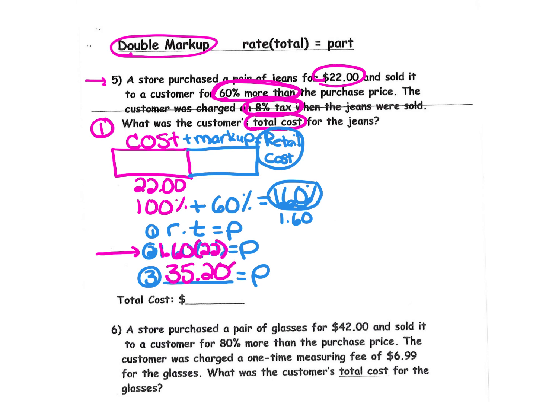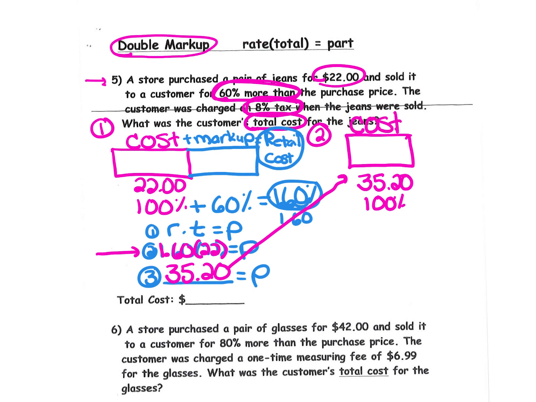Now we have to take that price up to our second tape diagram, and we have to take our retail price of $35.20 and tax the item as we ring the customer out.